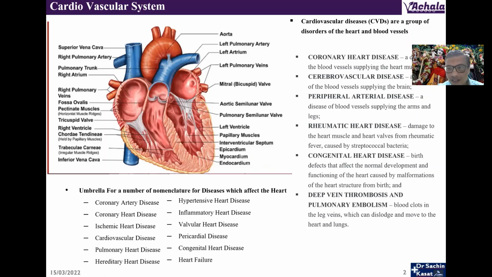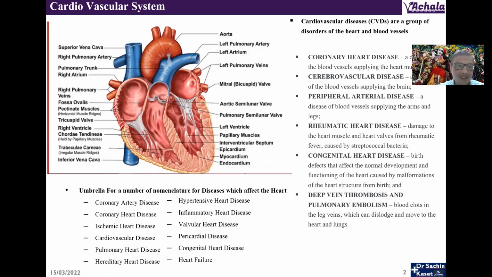So clots, which unfortunately can simply dislodge, get lodged in your heart, lungs, brain, and create havoc. So all this comes under cardiovascular diseases. But considering the paucity of time, we'll concentrate more on the heart diseases.